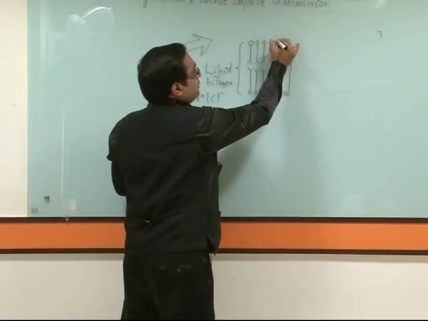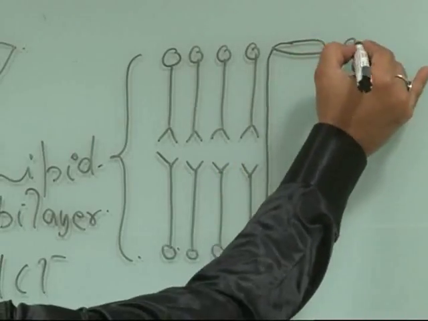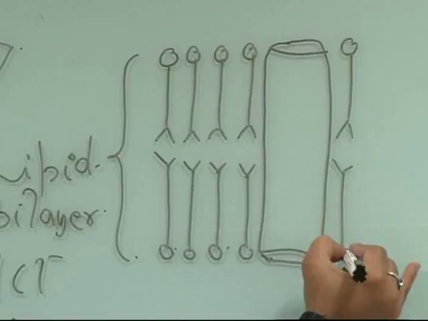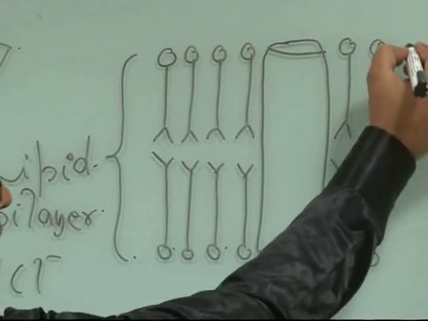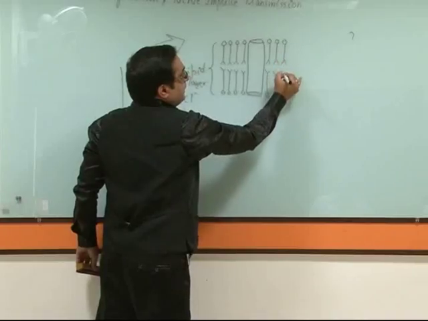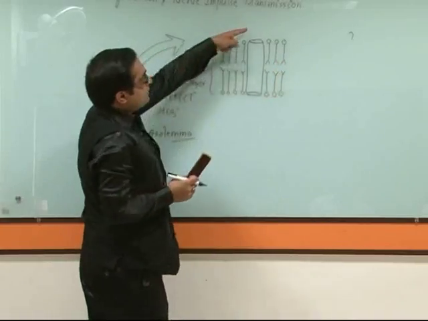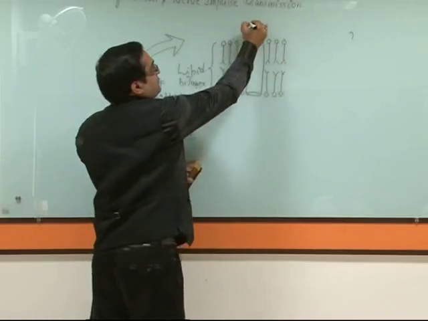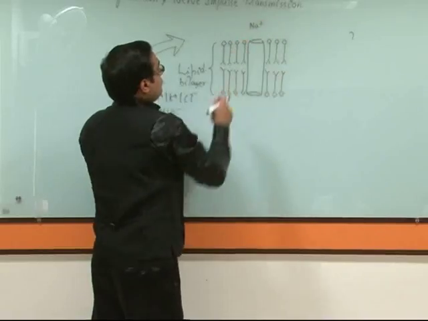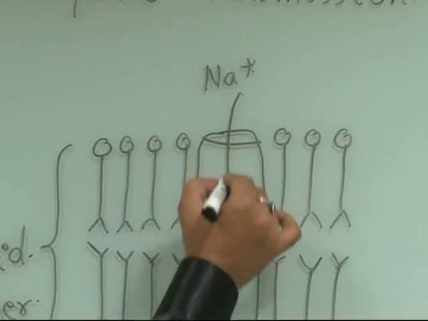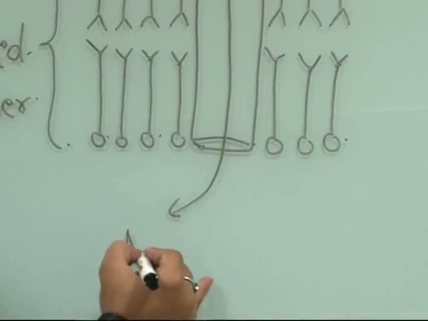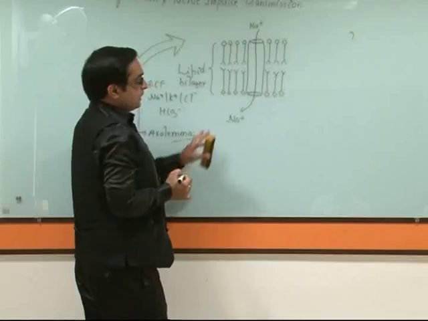Exchange of ions will occur through specific channels. So here I have drawn a channel. This channel is actually a transmembrane protein. It is present in the lipid bilayer. If sodium ions have to move from ECF to axoplasm, these can move only through these specific channels.